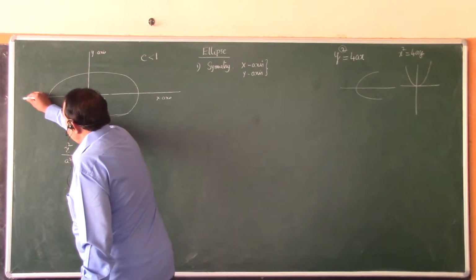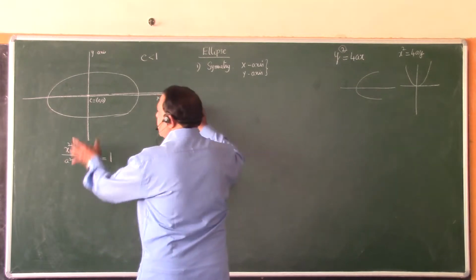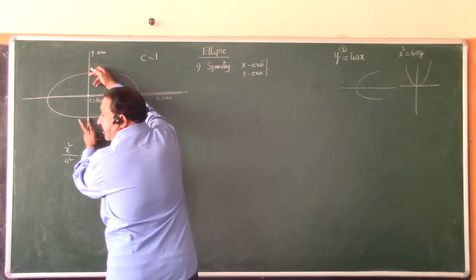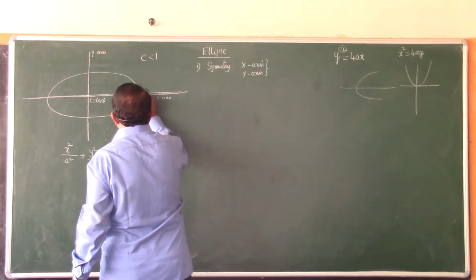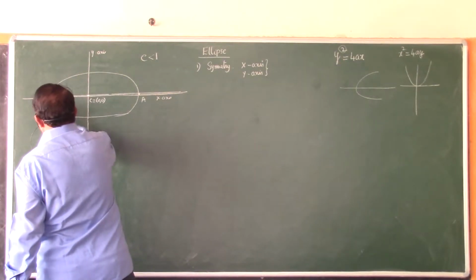Now this axis, the x-axis, as you can see, is bigger in length compared to the length of the y-axis intercepted by the ellipse. Now these two points, this point is A and this point is A dash.